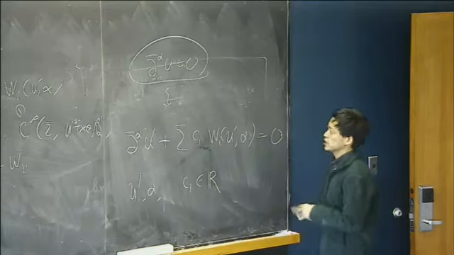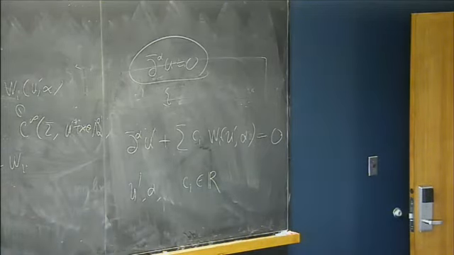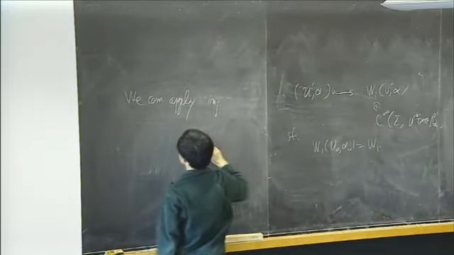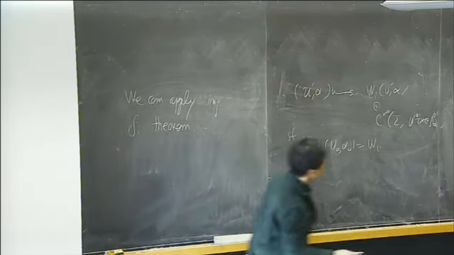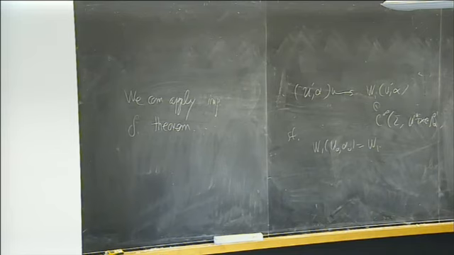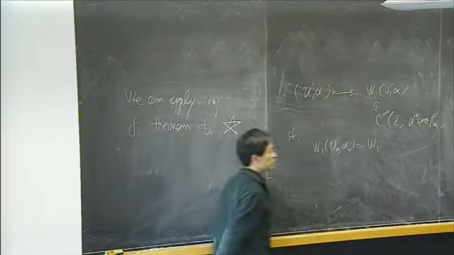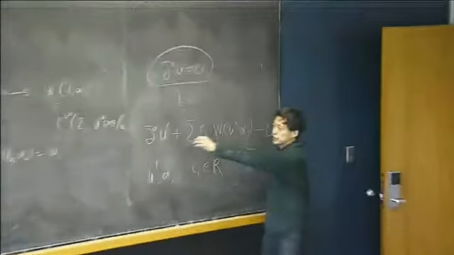And what good is this one? We can apply the implicit function theorem to these equations. Because you just linearize this at the origin, u0 and alpha 0.